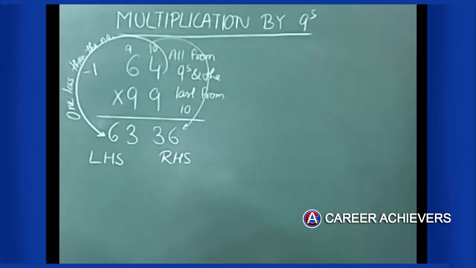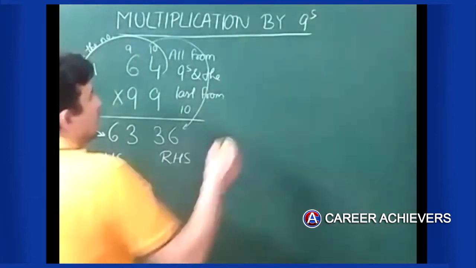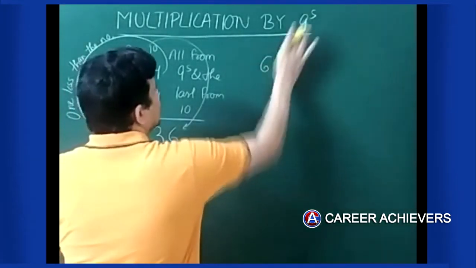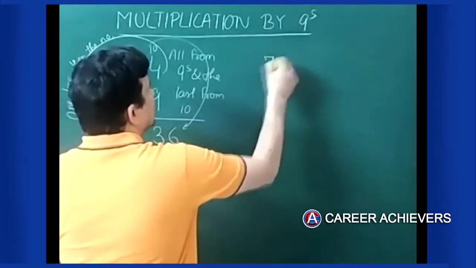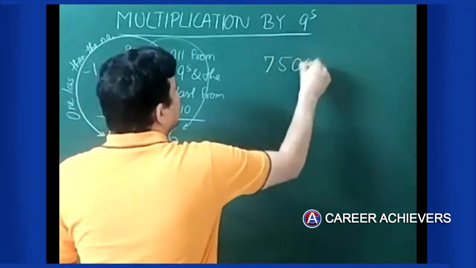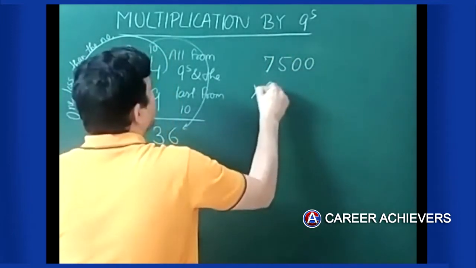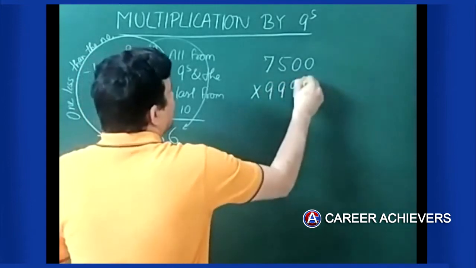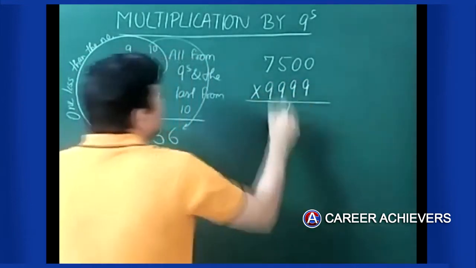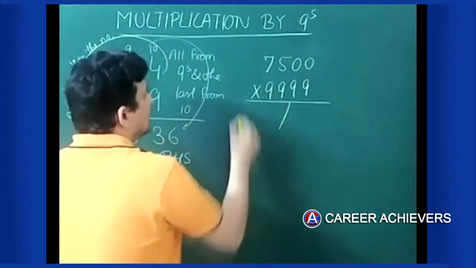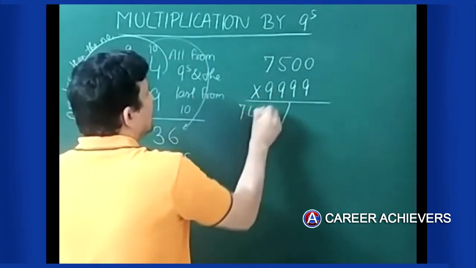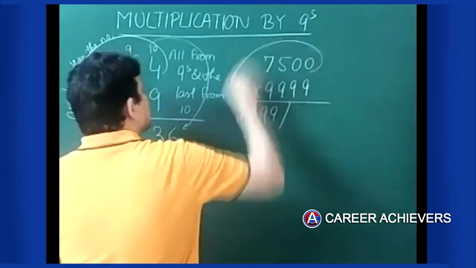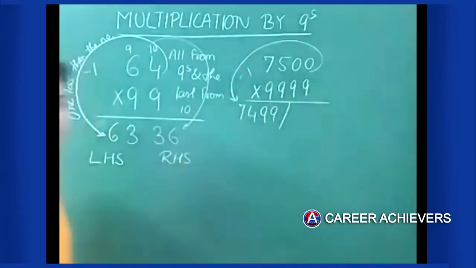Okay. Here we had a special case when the number ends in 0. For this case, the LHS is same, that is 7499. Just I subtracted 1 from this, it becomes 7499.